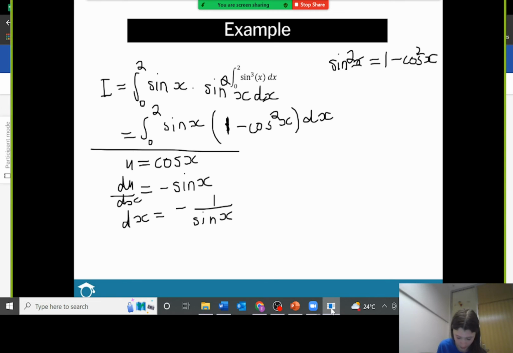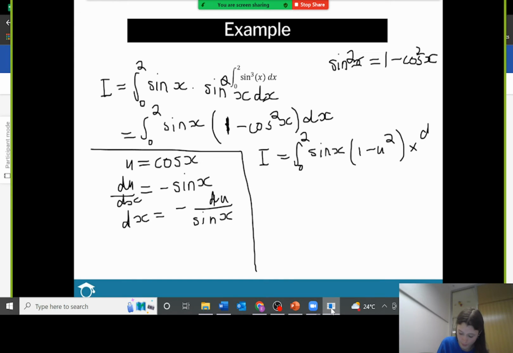I'll just make this into a box, not confusing. Our integral then is going to be equal to 0 to sine x, 1 take u squared multiplied by, oh, I forgot to write the du there, sorry, the du outside of sine x. So obviously these two sine x's cancel out, just leaving us with that negative out the front.